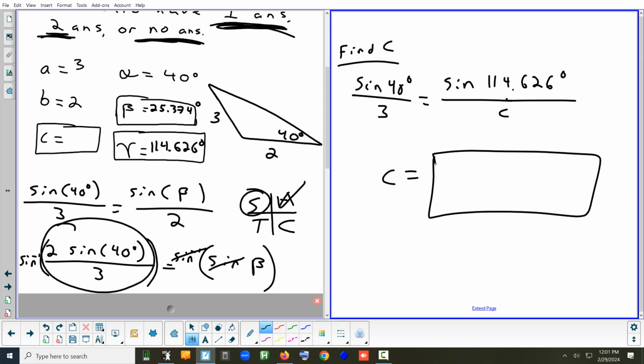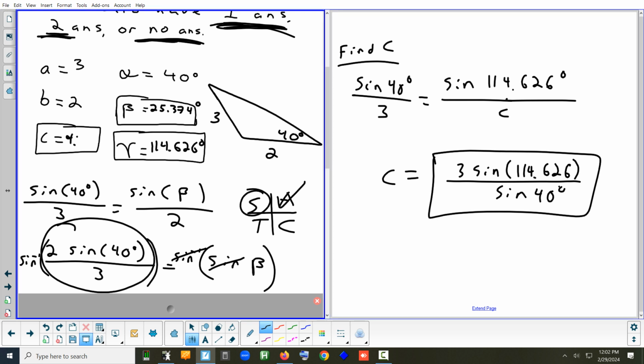Yeah, Lily. 3 sine 114 over sine 6. And now I need a calculator, but nothing you need a graphing calculator for. What is it? C is going to equal 4.243.